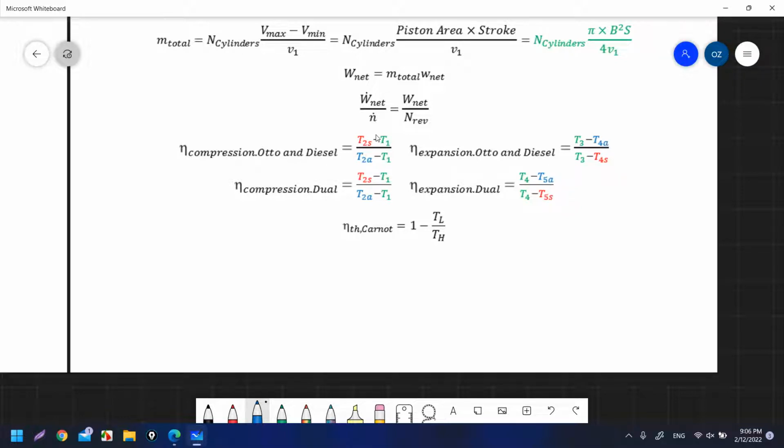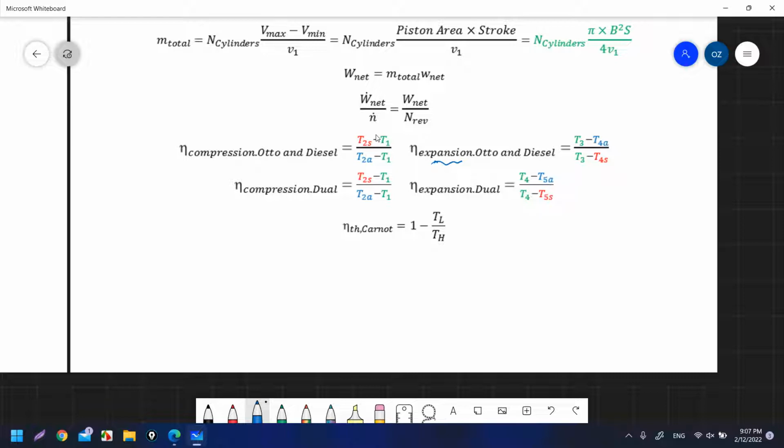But there is an ideal temperature in red, and there is an actual temperature in blue. Also for diesel and Otto cycle in the expansion process, we have (T3 minus T4A) over (T3 minus T4S). T3 is common. It will not change, whether it is the actual or ideal cycle. But for state 4, we have an ideal temperature and an actual temperature.